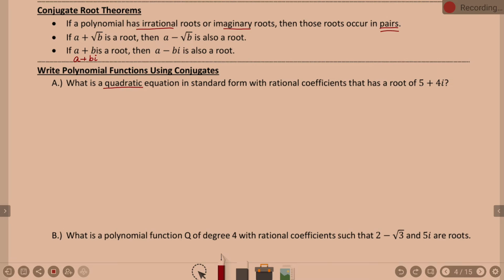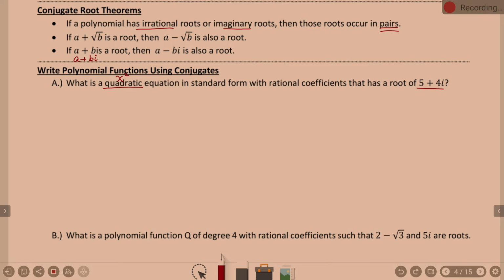What power is a quadratic equation? Quadratic is x to the, not fourth, second, right? So it's x to the second. If it is x to the second, that means there's supposed to be two solutions. What'd they give us? Just one. They just gave us 5 plus 4i.